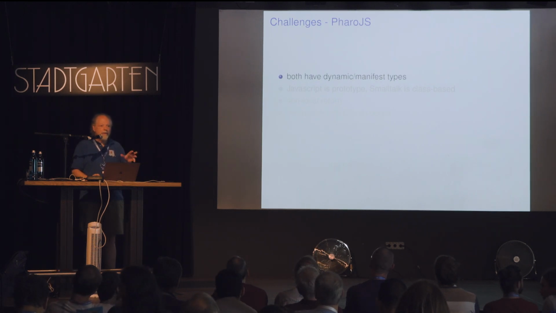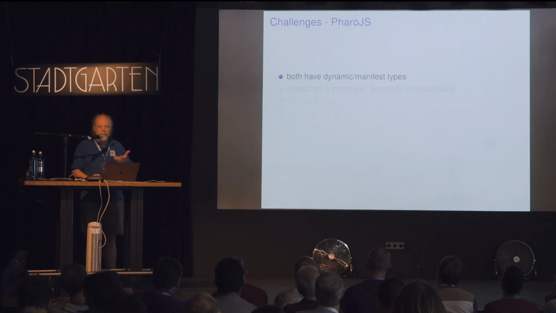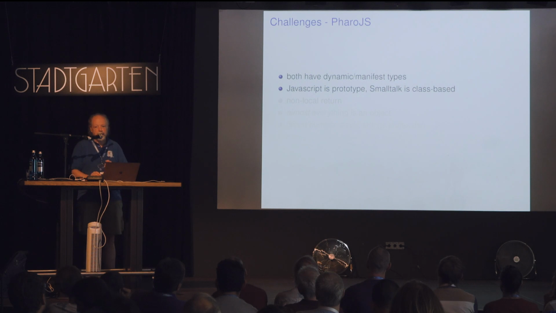So then I'm going to talk about a few different possible transpilations and just some of the challenges associated with them. So PharoJS, both JavaScript and Smalltalk have dynamic or manifest types, so that makes life relatively easy. However, JavaScript is prototype-based and Smalltalk is class-based.